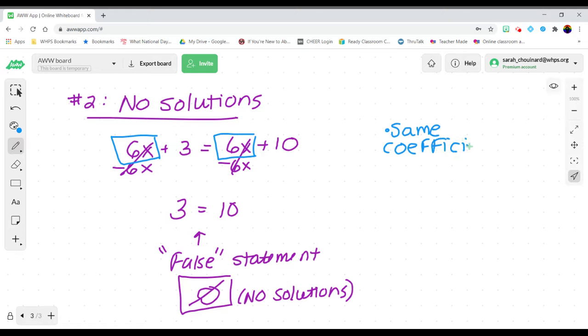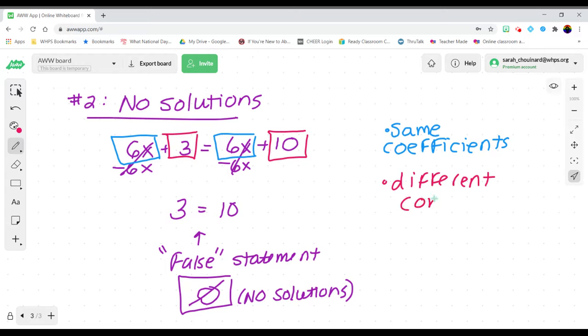That's what caused the x to cancel out on both sides, leaving us with 3 and 10. So since we had different constants, we had a false statement, 3 not equaling 10. Therefore, we had no solutions. So a no solution problem will have the same coefficients, but it'll have different constants.